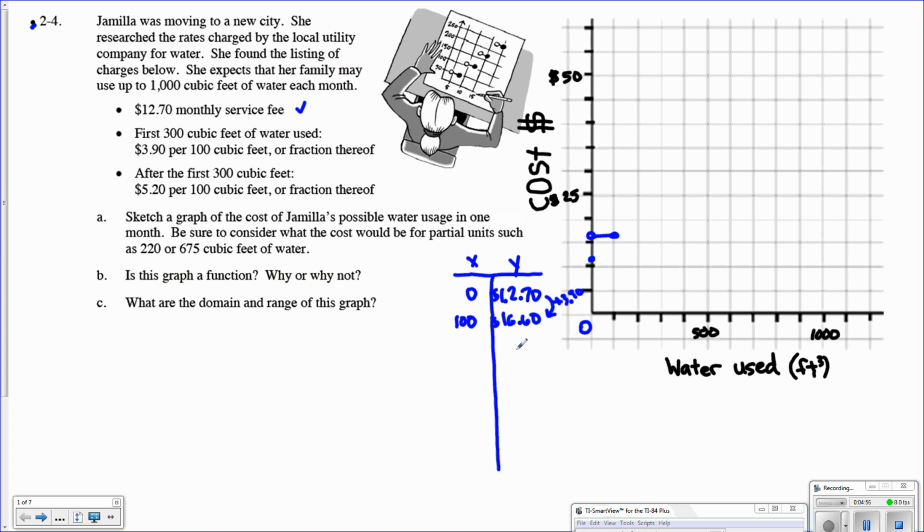Okay, then it says there that up to 300 cubic feet. So if we go a little above 100 cubic feet, up to 200 cubic feet, we're going to be paying another $3.90 charge, which is going to take us up to $20.50.